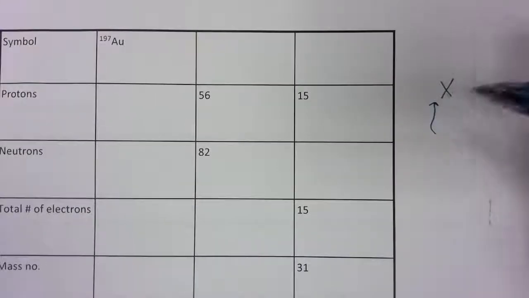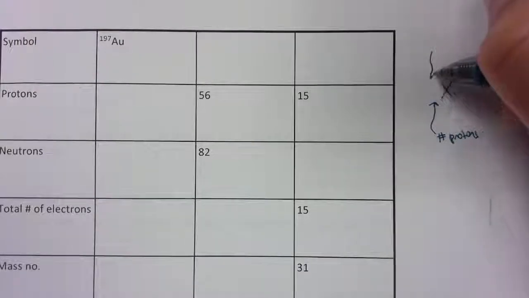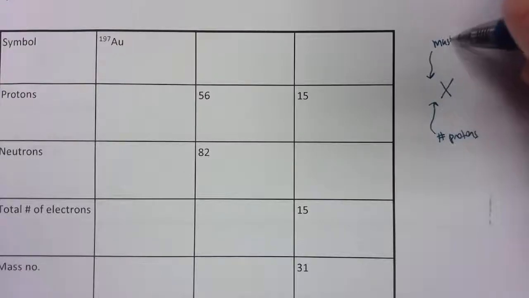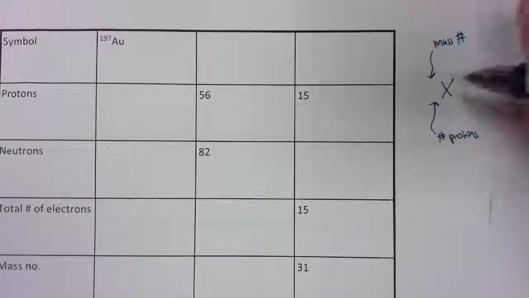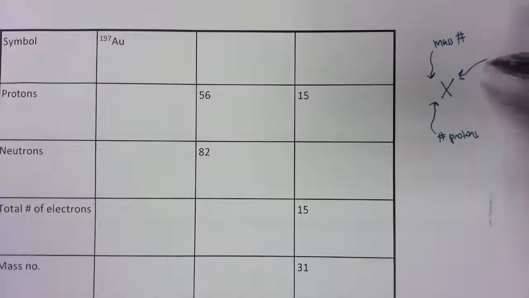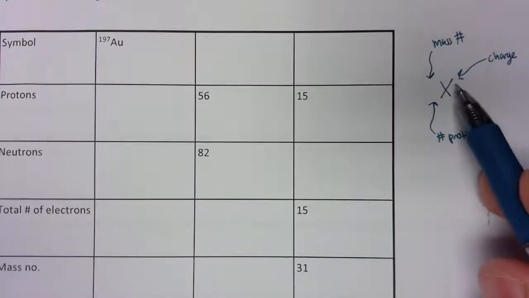But here at the bottom would be the number of protons. That's where you would find that. At the top would be the mass number. And then if there was a charge, that would exist over here on the top right.